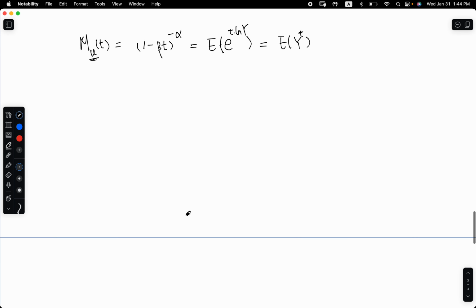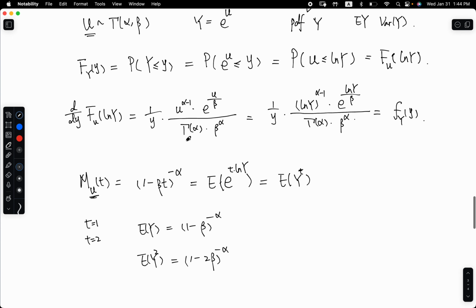So we can set t equal to 1 and t equal to 2, and then evaluate this equation to find the expectation of y. So this is just 1 minus beta to the negative alpha, and the second moment is set t equal to 2, 1 minus 2 beta to the negative alpha. And then from here, you should be able to find the variance of y.